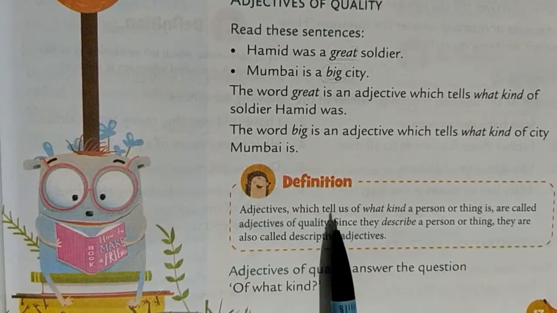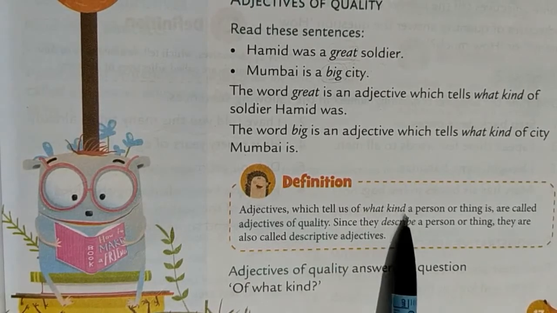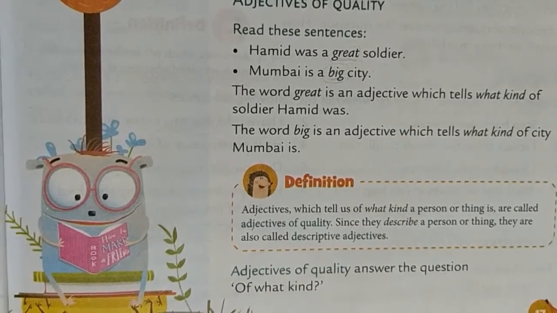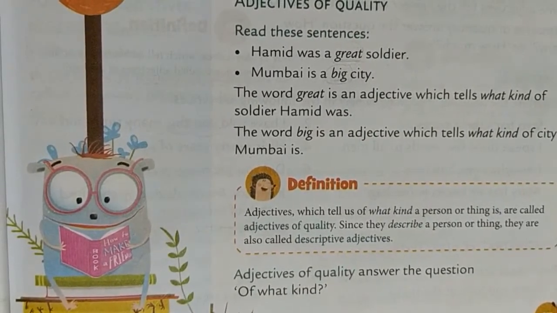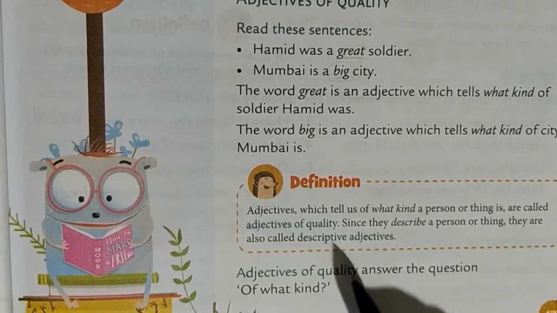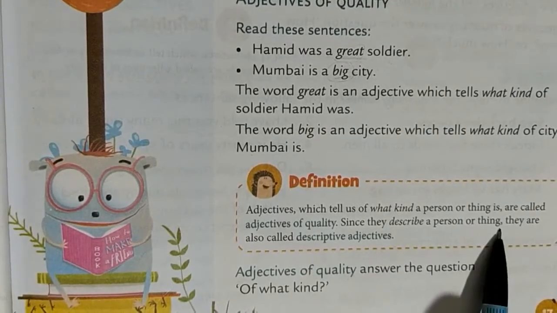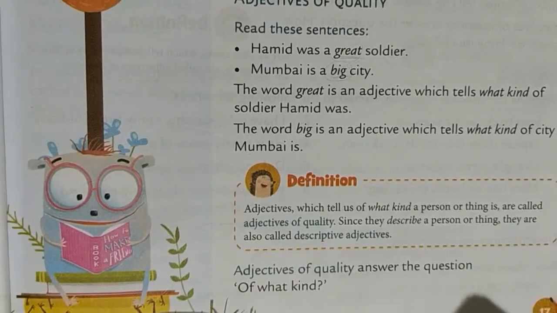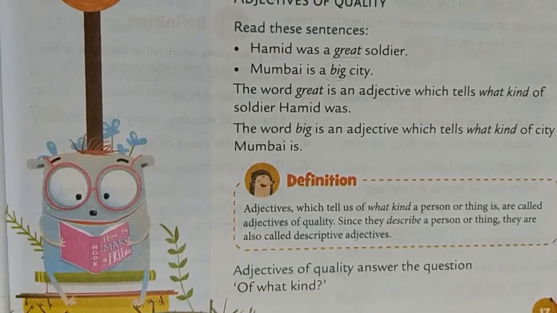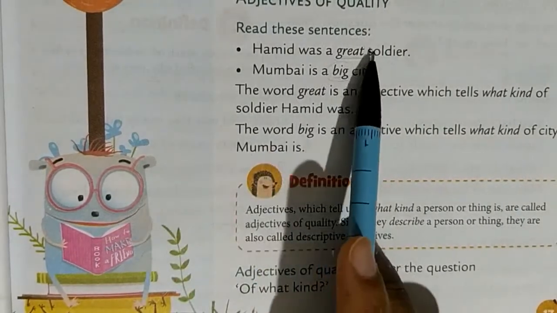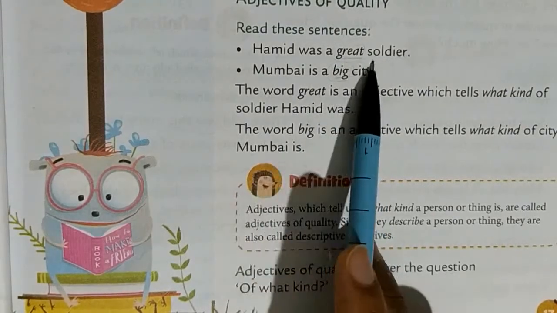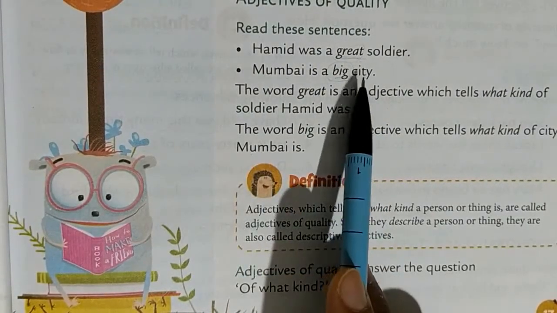It tells us of what kind a person is or a thing is, so it comes under adjective of quality. Since they describe a person or thing, they describe means वो बताते हैं किसी के बारे में कि वो इंसान, वो व्यक्ति कैसा है. You have seen in the example, it is describing Hamid the soldier and Mumbai the city, how it is.